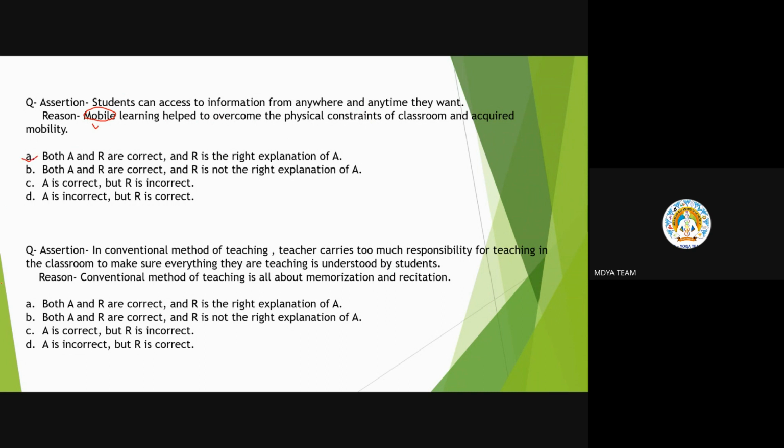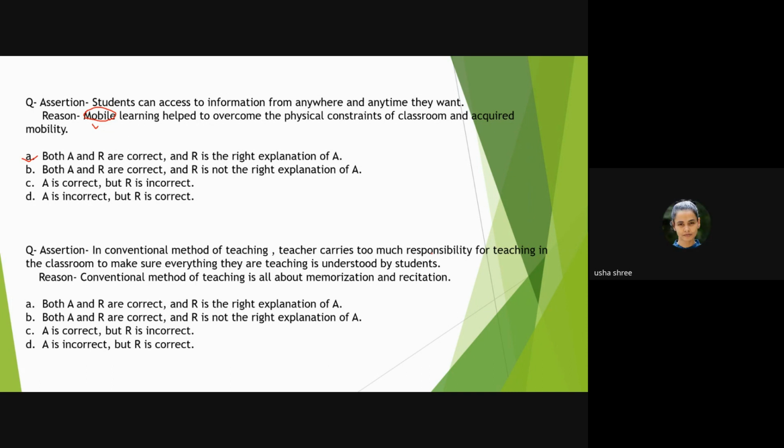Now the second question. Assertion: In the conventional method of teaching, the teacher carries out too much responsibility for teaching in the classroom to make sure everything they are teaching is understood by the students. The reason is the conventional method of teaching is all about memorization and recitation. I think A is incorrect and R is correct.